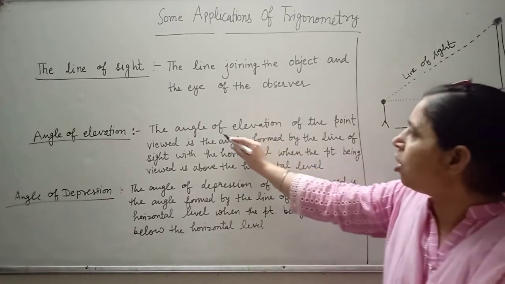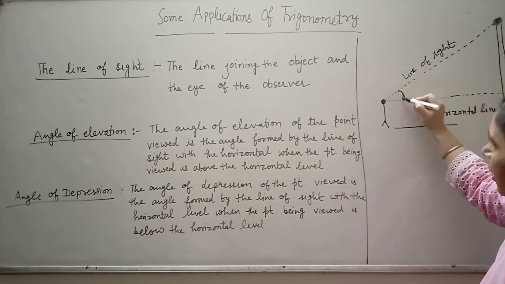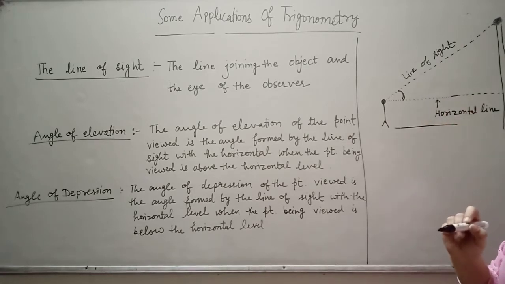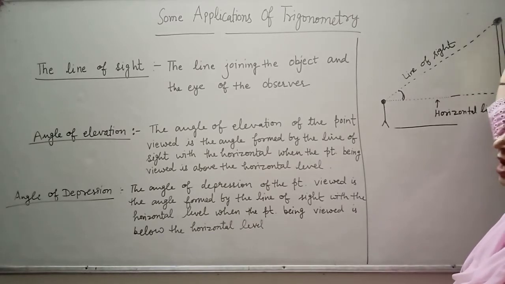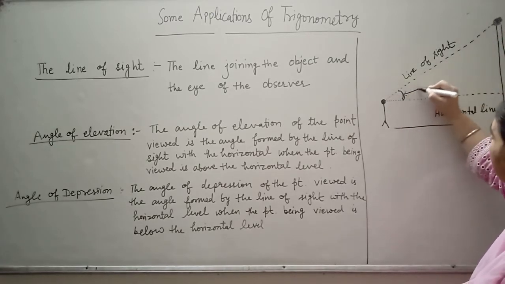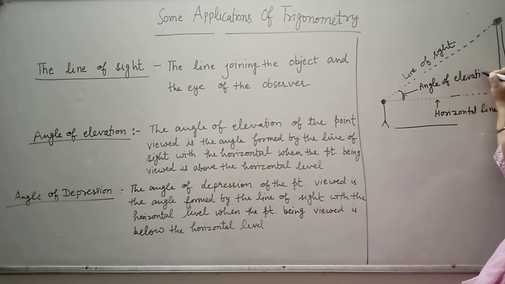So the angle of elevation of the point viewed is the angle formed by the line of sight with the horizontal, when the point being viewed is above the horizontal level. You can see this is the horizontal level and the object you are watching is at a higher level as compared to this horizontal level. So the angle between the horizontal line and the line of sight is known as the angle of elevation.